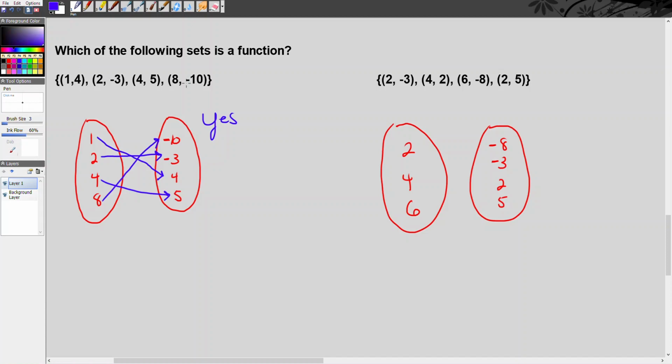So when I draw my arrows, I have 2 goes to -3. I have 4 goes to 2. I have 6 goes to -8. And then here I have 2 goes to 5. And so right here we can see that the input of 2 has 2 different outputs. So this is not a function.